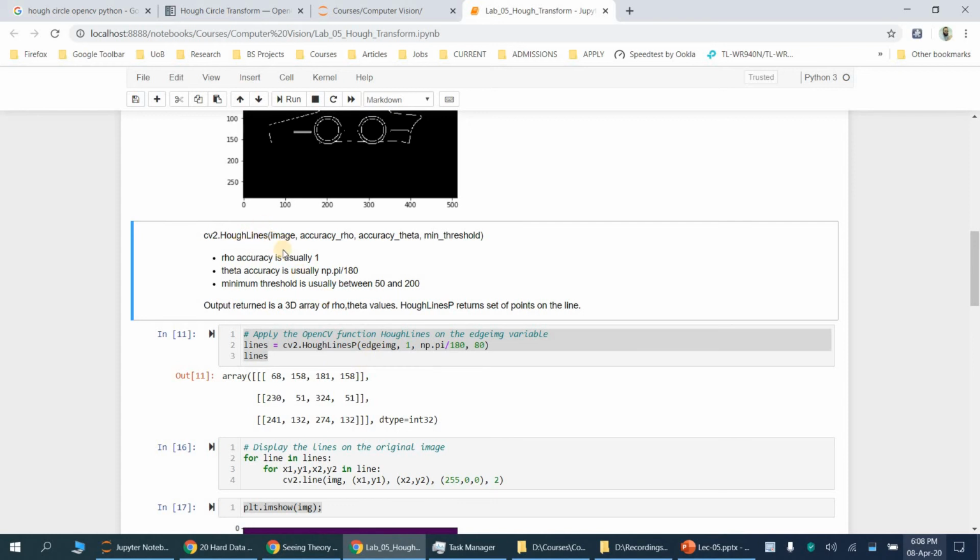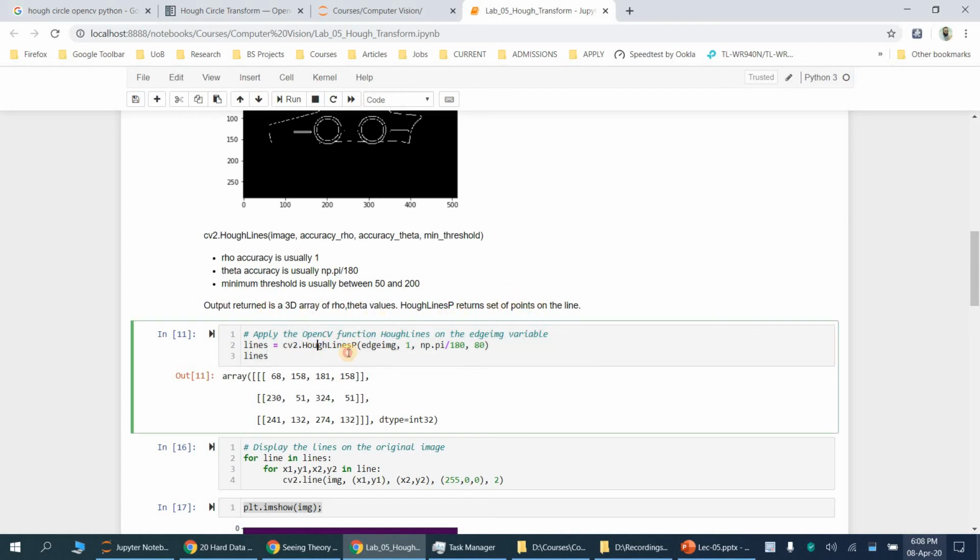HoughLinesP is a function in OpenCV that you provide with these arguments. You provide the edge image, and then the accuracy, the minimum unit. Remember, here we are dealing with the polar representation.